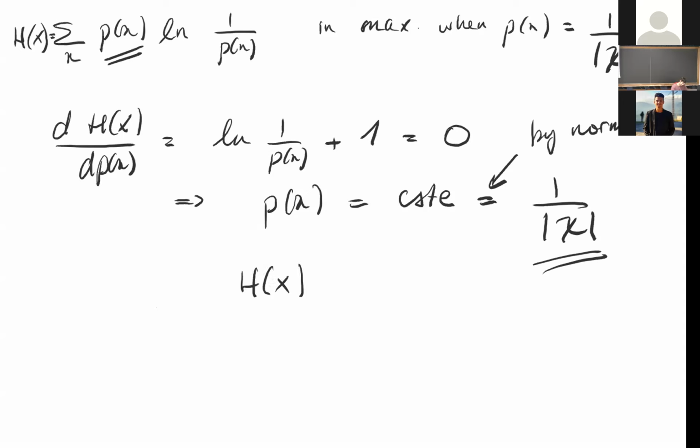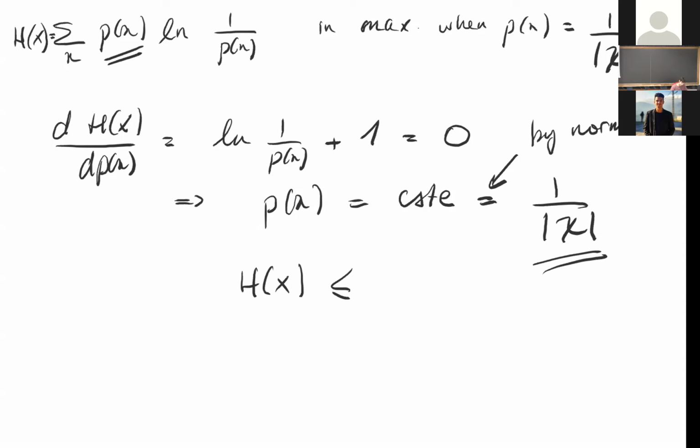We know now what is the maximum value. It is the value corresponding to the uniform distribution. And what is the entropy associated to the uniform distribution?